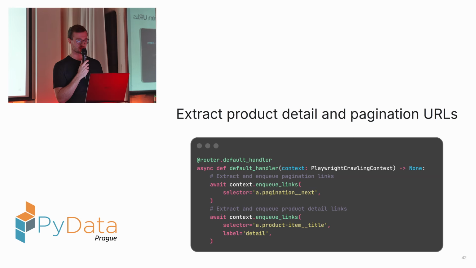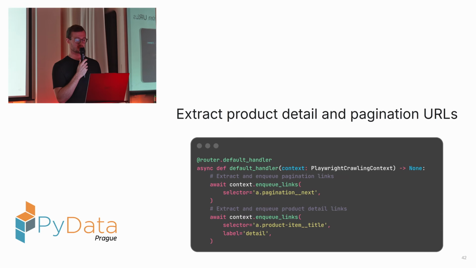So as you can see, there is the selector a.pagination next that is a link to a next page. And on the second call of this enqueue links, we're going to extract and enqueue the links to the detail product pages.